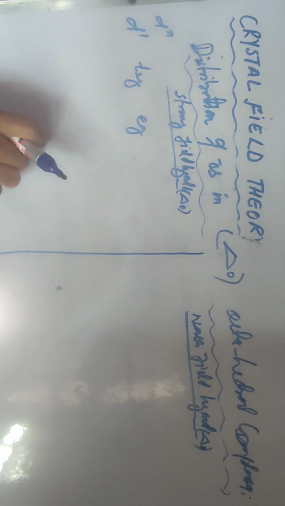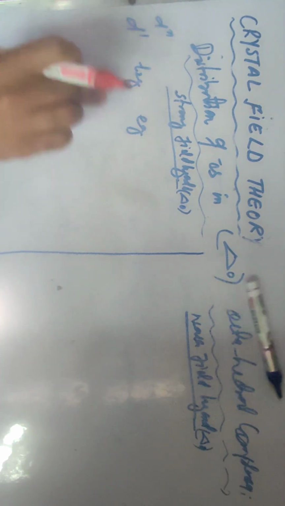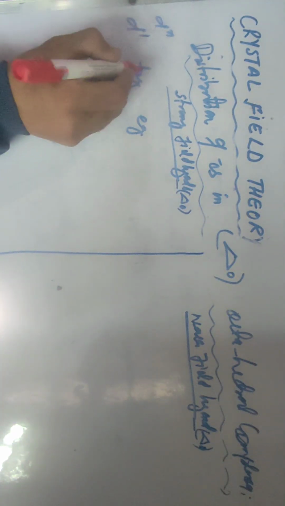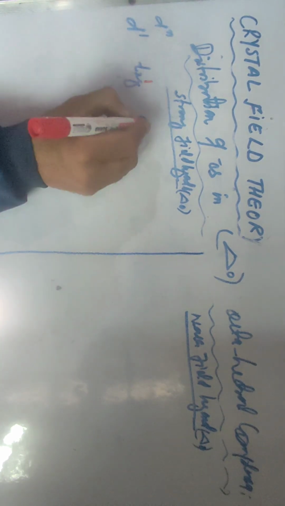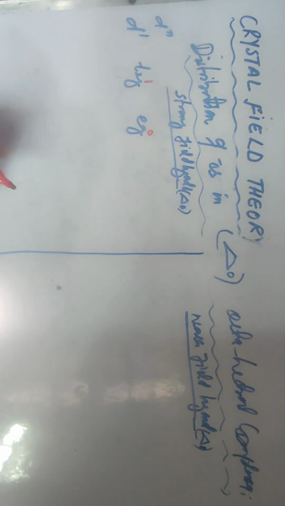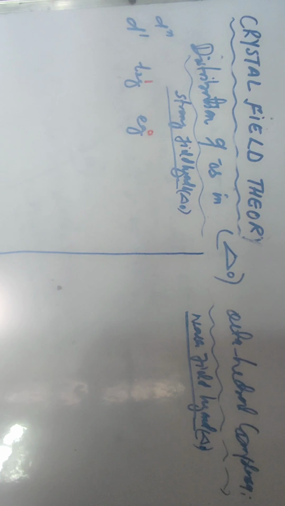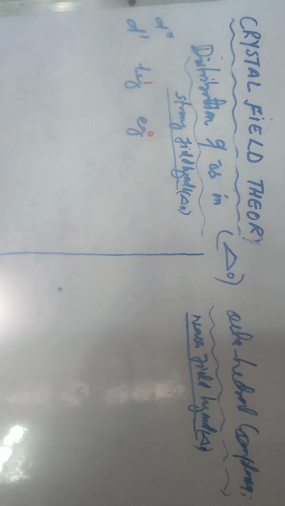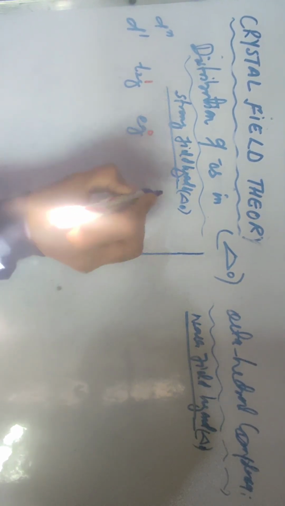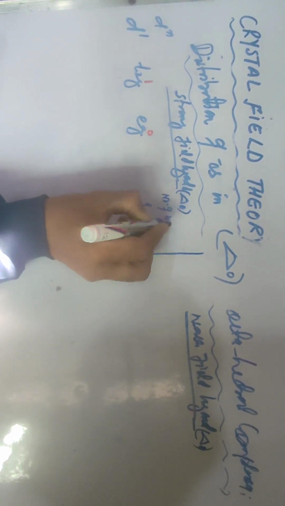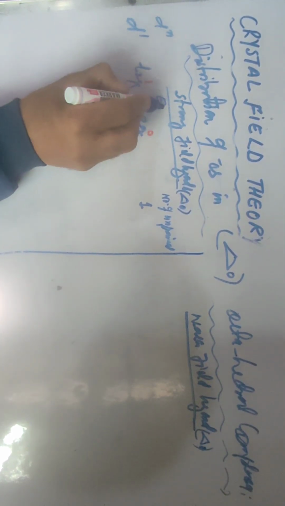So if you have only one electron, it will go into one of these three atomic orbitals. That is, the one electron will be present in this set of orbitals, but we have zero electrons in the eg set, and the number of unpaired electrons will be equal to 1. This is simply the electronic configuration.